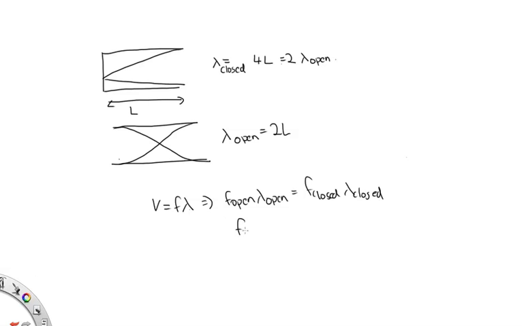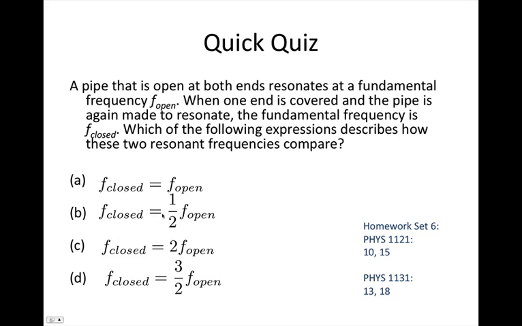And so f closed is equal to f open lambda open over lambda closed, which is 2 lambda open. So this is equal to a half f open. So the frequency in the closed pipe is a half the frequency in the open pipe. And so the correct answer here is B.